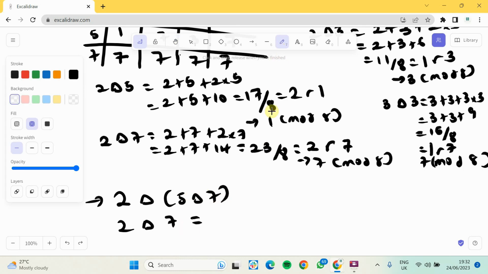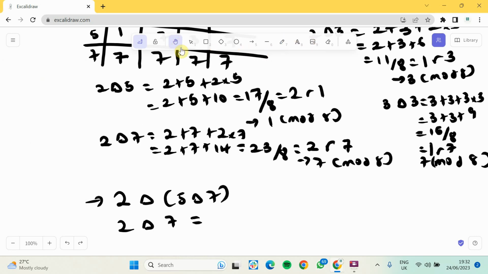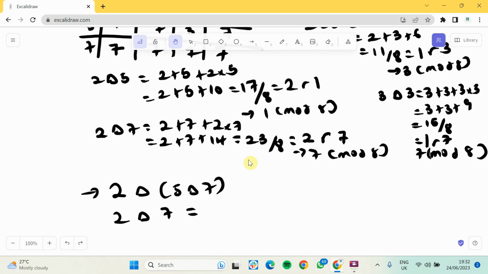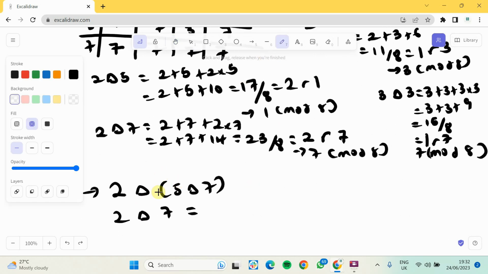Now let's look at the table and see what 2 operator 7 is going to give me. You can see the intersection of the two of them is the value 7. So at the end of the day, when I resolve all of this, I'm going to get 7, right? So this is the answer here. Therefore 2 operator 5 operator 7 is equal to 7.